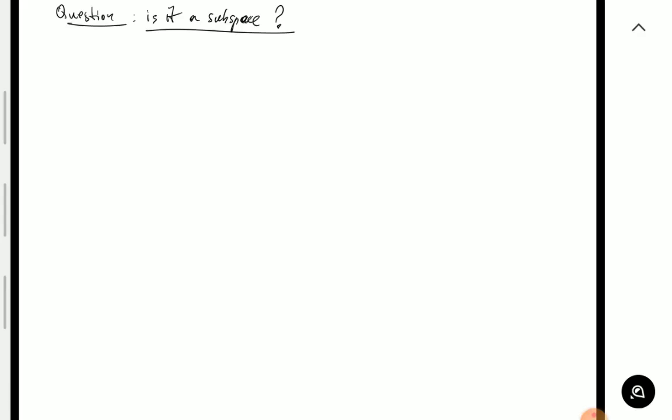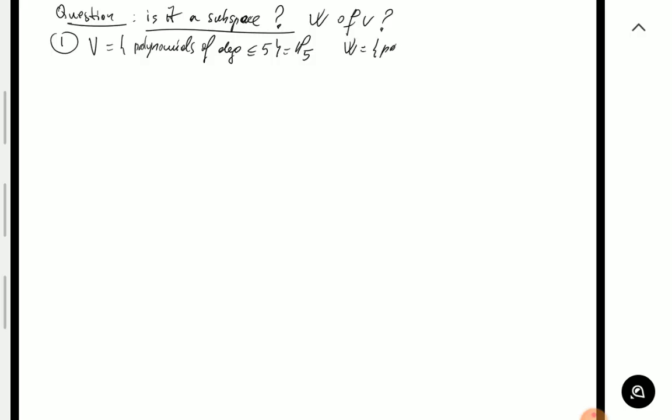All right, so let's take a look at a couple of examples where the question is: is W a subspace of V? I'm going to specify the vector space. We're going to start with a vector space always. So let's say polynomials of degree less than or equal to 5, P5. We know it's a vector space. And I'm going to write W: polynomials of degree less than or equal to 2, which again, remember the notation is P2.